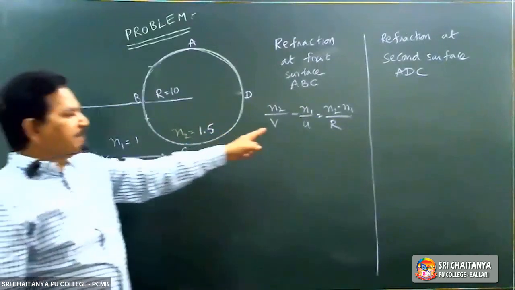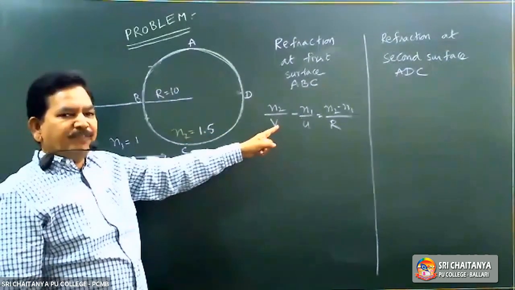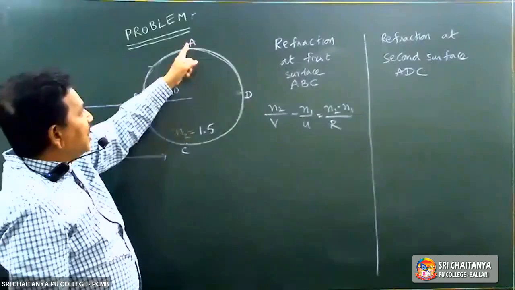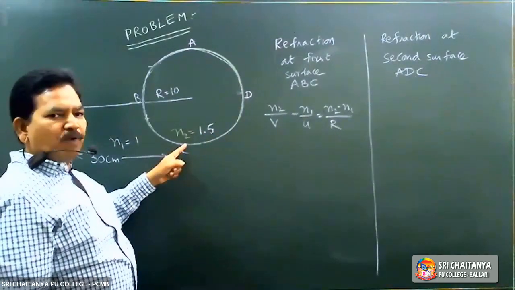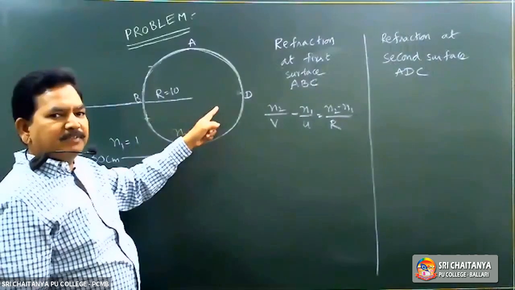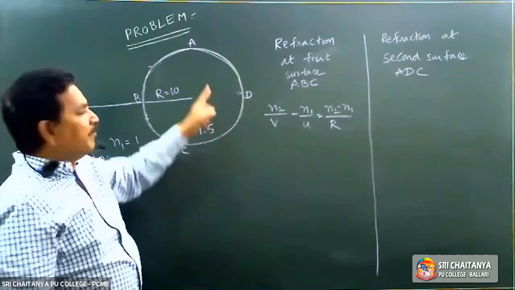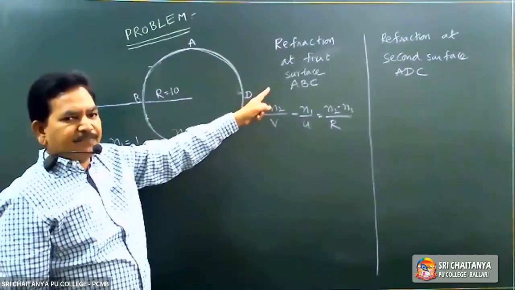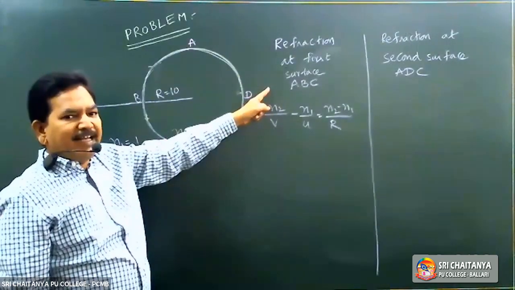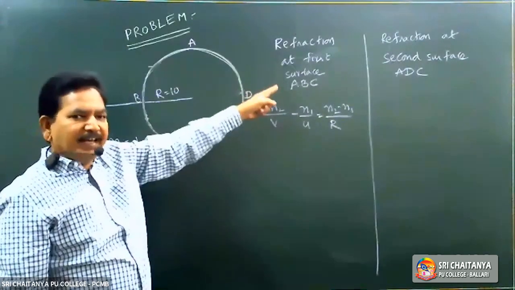We will get the image V value. That V value will act as the object for the second surface. It is in what medium? Denser medium. Now the light ray travels from denser medium to rarer medium at the second surface. Finally, the image will be formed in the rarer medium.